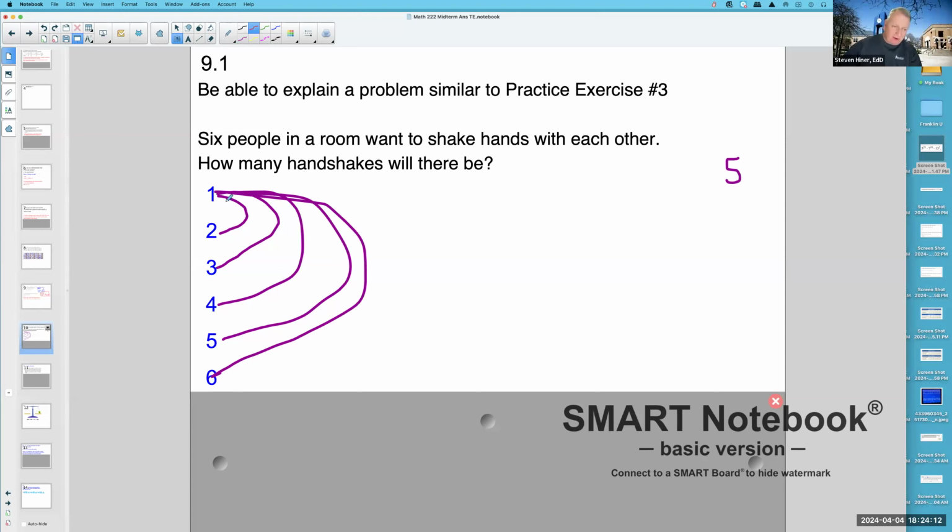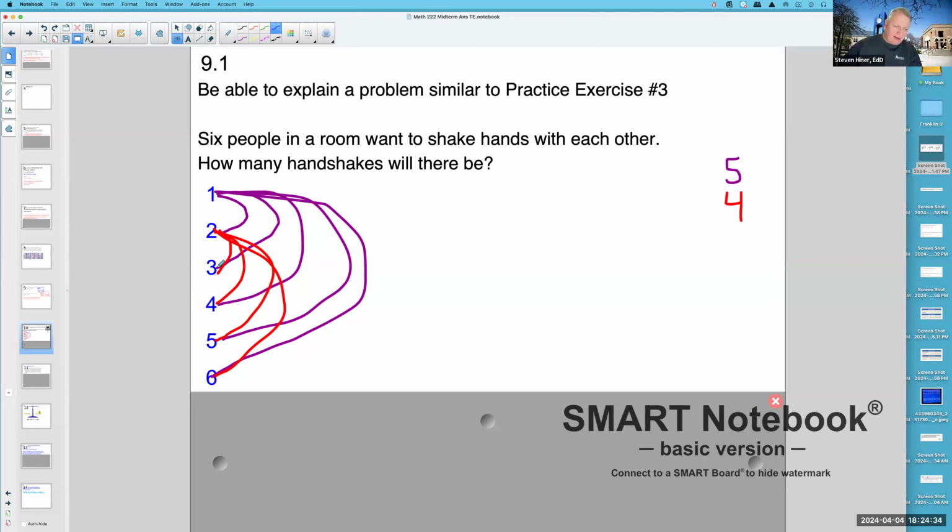Well, number 2 has already shaken 1's hand. So I don't redo that. So 2 shakes hands with 3, 4, 5, and 6. So that's only 4 handshakes. And it's probably enough to already see what's going to keep happening, but I'll do one more.